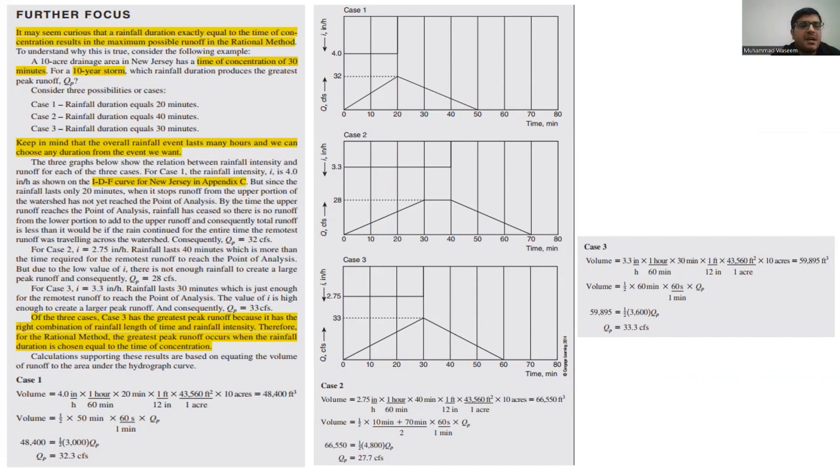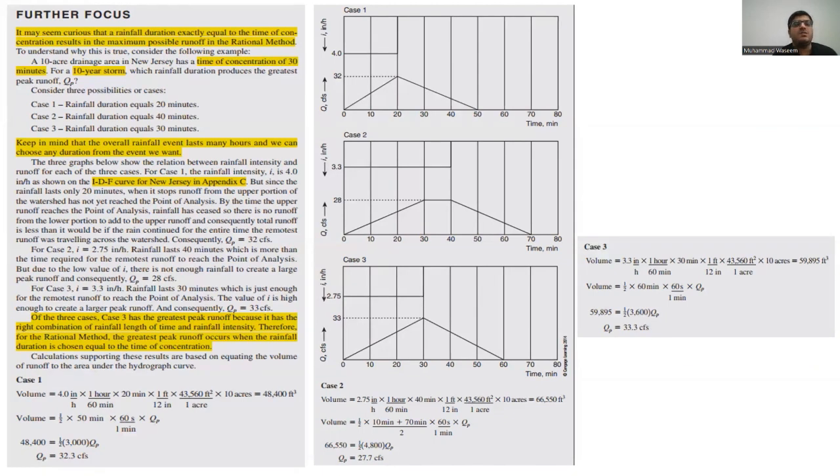This is only about the rainfall duration. You need to keep in mind we are only discussing the rainfall duration and the time of concentration. There is nothing about the depth of rainfall. The intensity will change when the duration changes, and we find those from the intensity-duration curves.